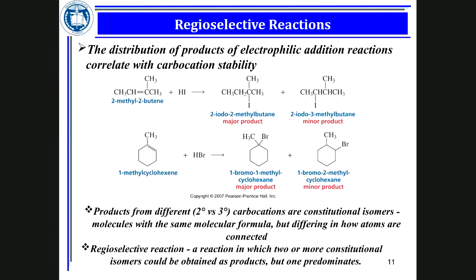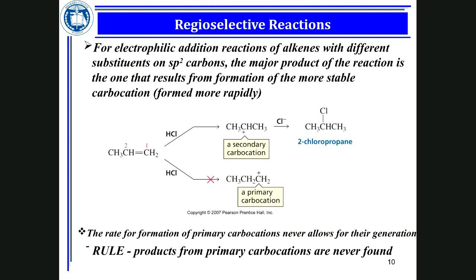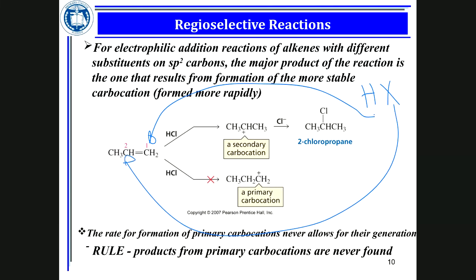Markovnikov's rule says that when you bring HX to add to a C=C double bond, H will add to the carbon with the greater number of hydrogens, and X will add to the carbon that has the least number of hydrogens.